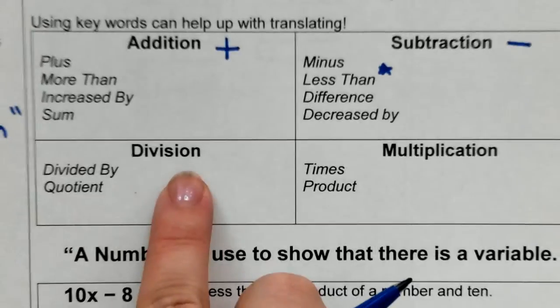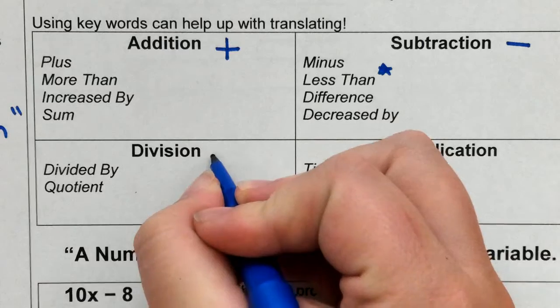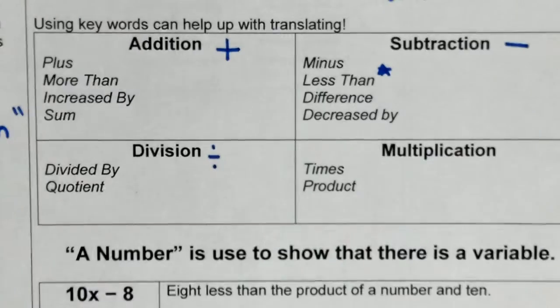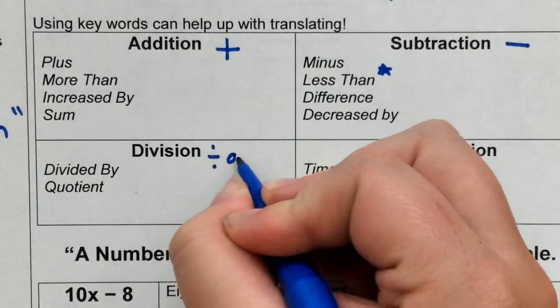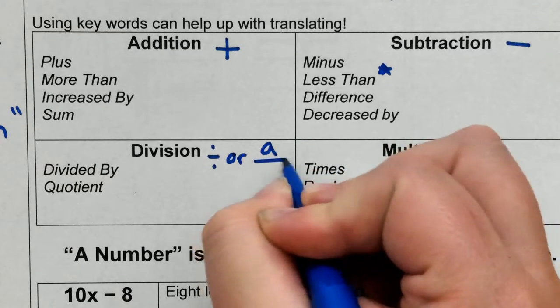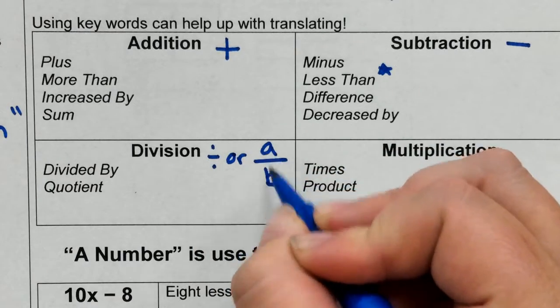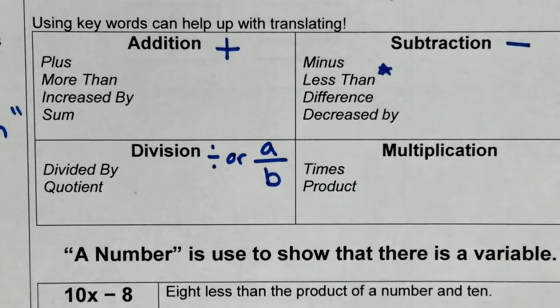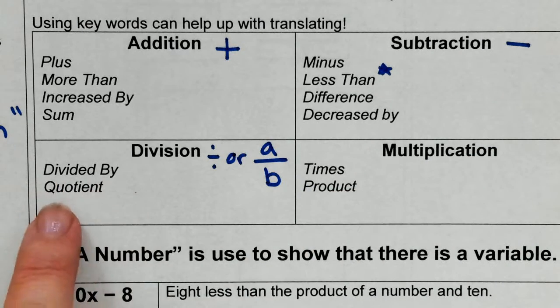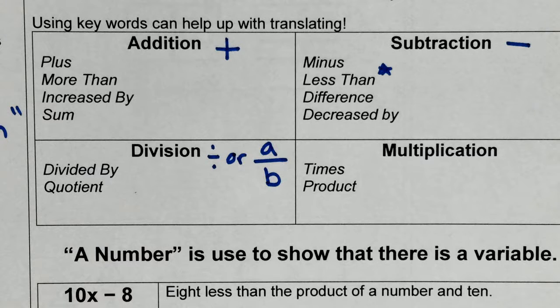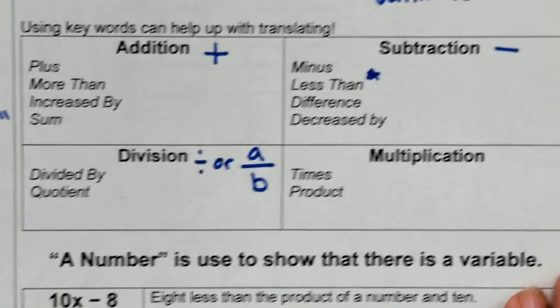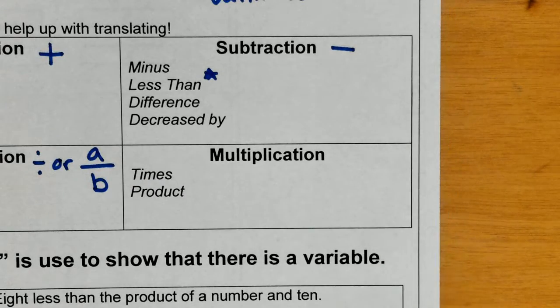Moving over here, when we see division, right, that means we are using our division symbol. But a lot of times when we're going to be using division, we're going to use that fraction bar where we have a number or a letter on the top and bottom. But divided by and quotient are all words that we use for that division. And last but not least, we have multiplication.